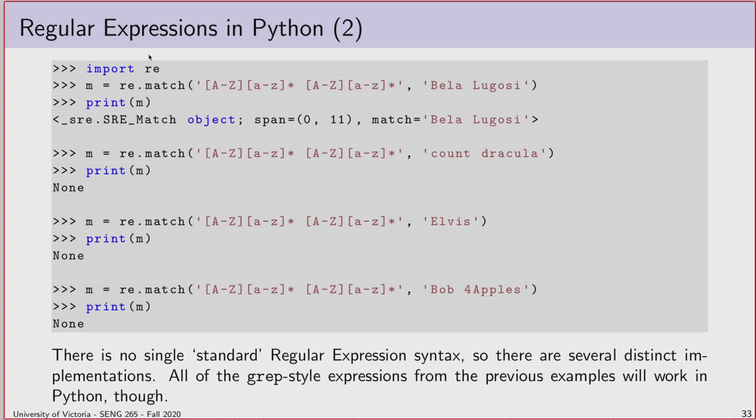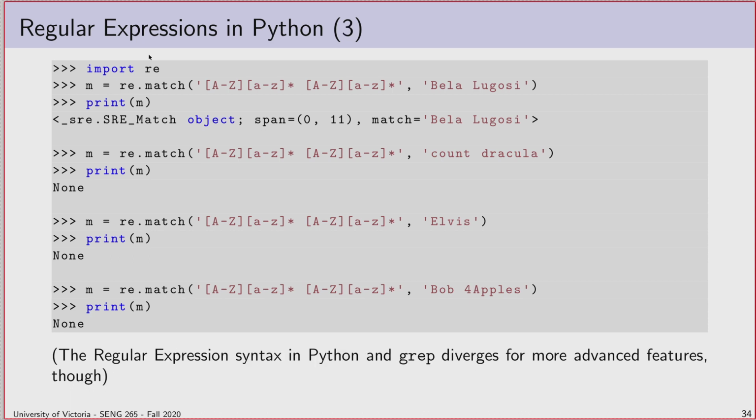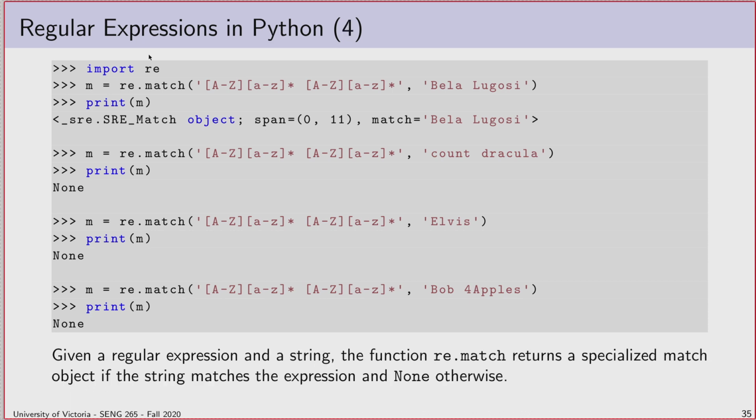It's not as big of a deal these days, but there are actually quite a few competing regular expression syntax implementations out there that do tend to diverge quite a bit with more advanced features. So I'll start with this function re.match. re.match takes a pattern and it takes some string to work on.